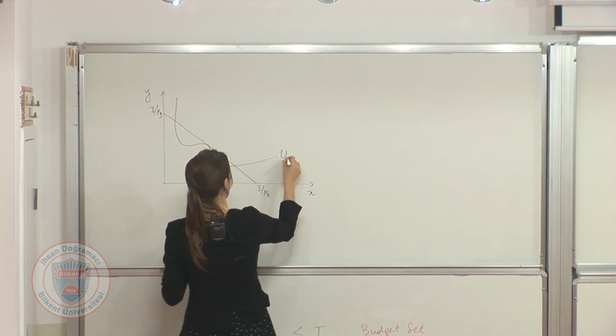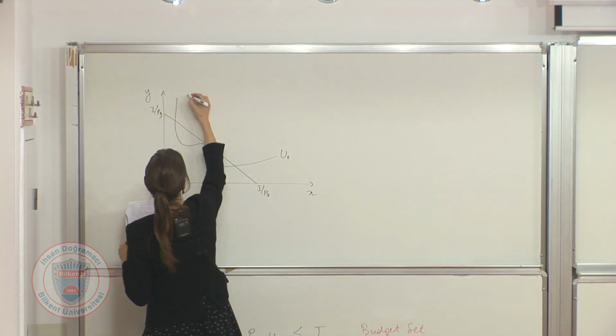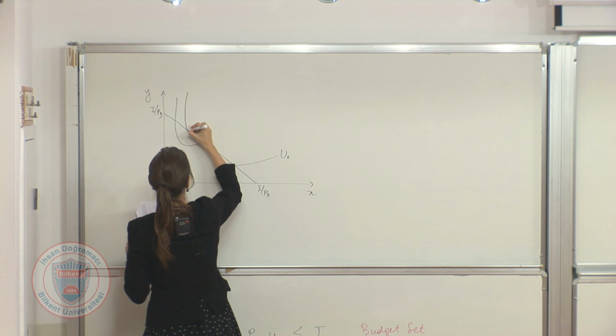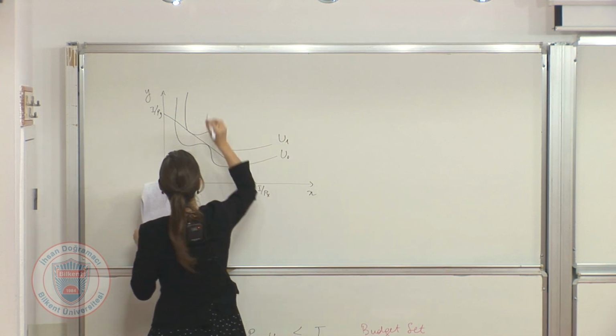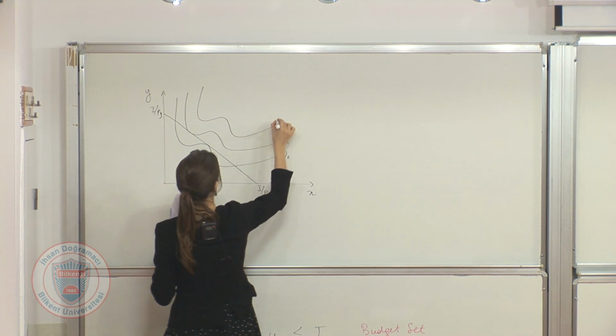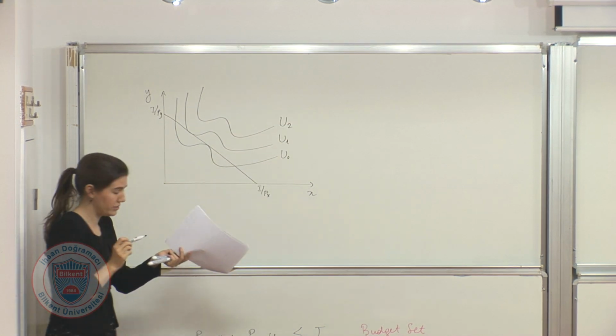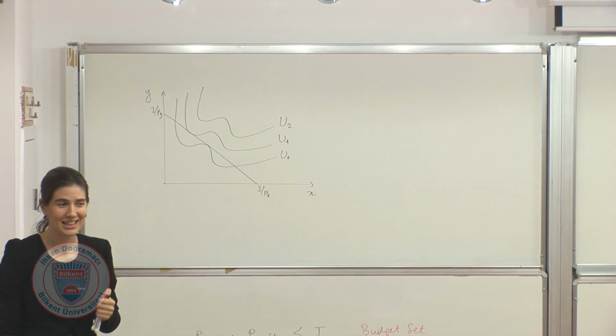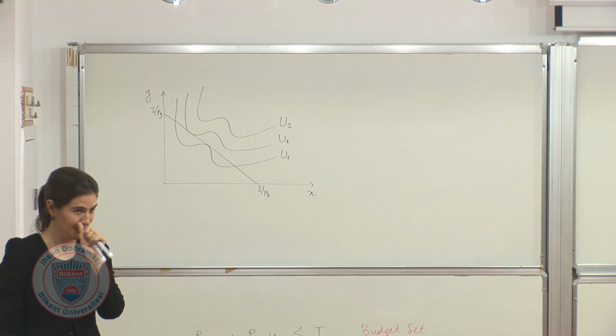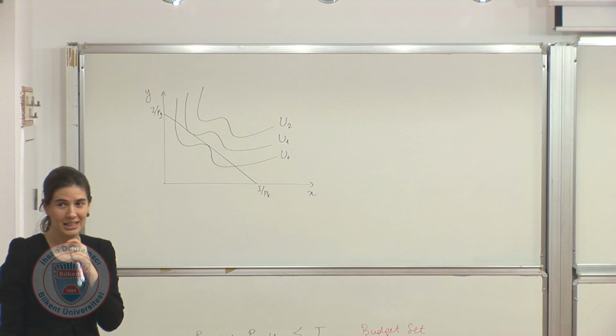Suppose this is U0, and suppose I have something like this. So first of all, you guys can tell me, are these indifference curves convex? No, right?